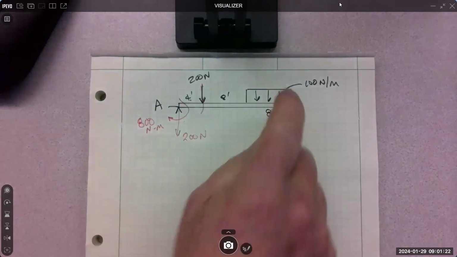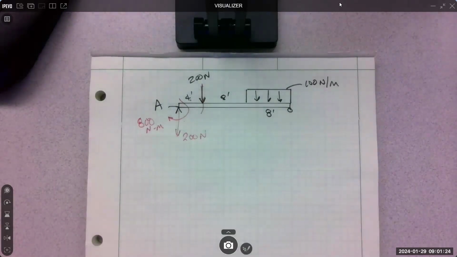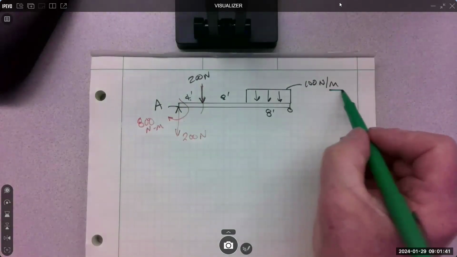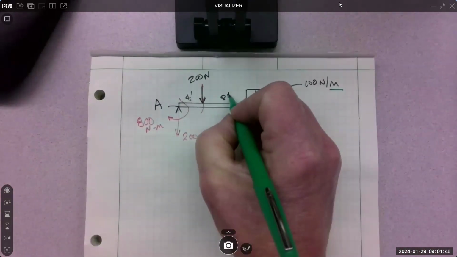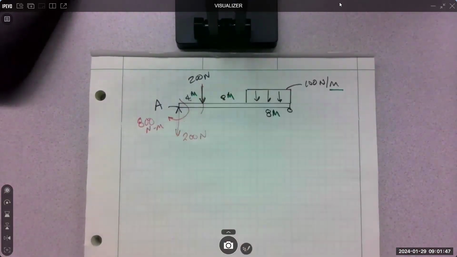But when you have a distribution, it's a little different, of course. A distribution means we have like a pile of something, right? Pile of plywood, pile of dirt, pile of snow, something that's covering an area. So for every meter, sorry, I have crossed my units. That's not going to work. These are all meters.